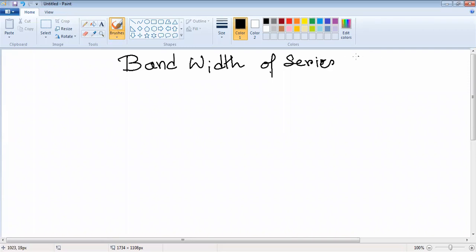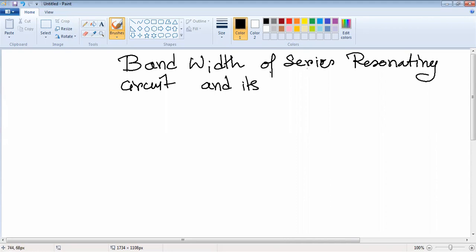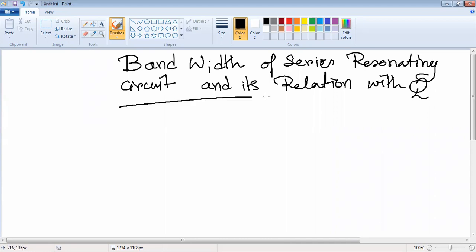Series resonating circuit. What is the bandwidth?